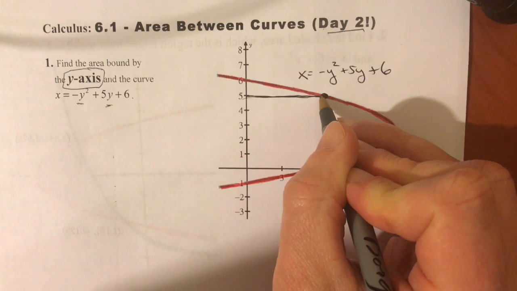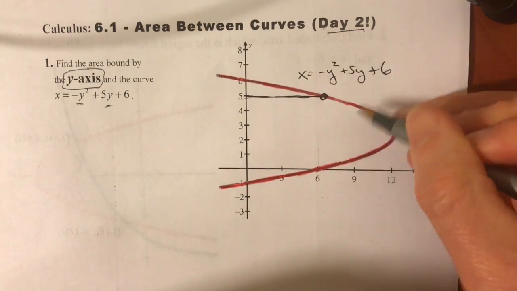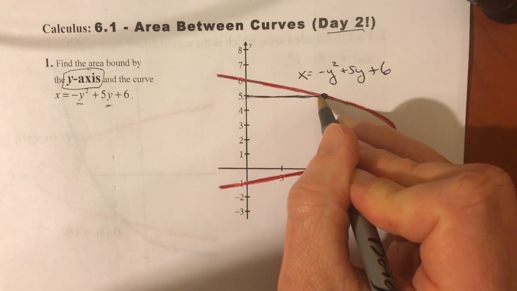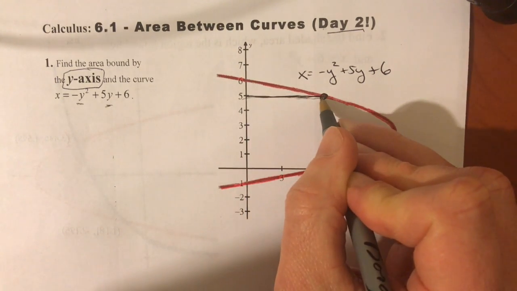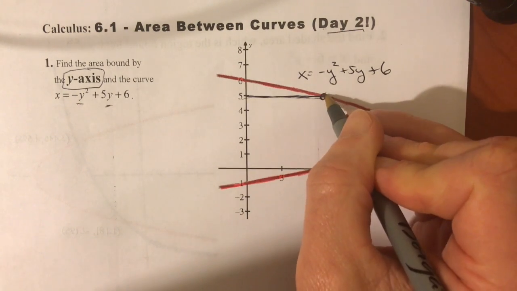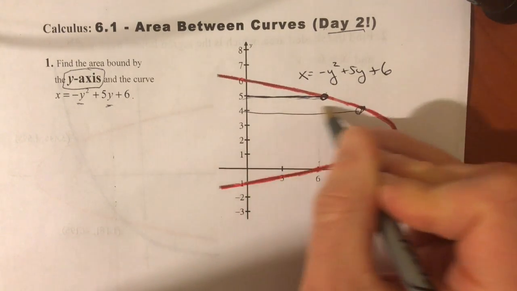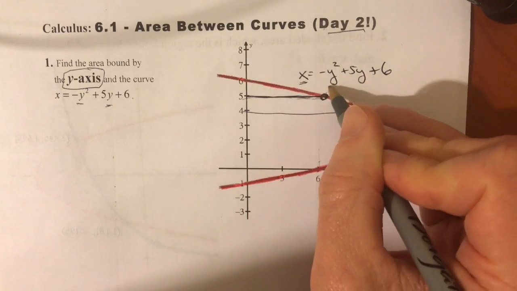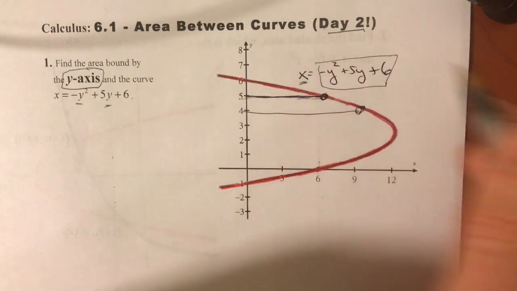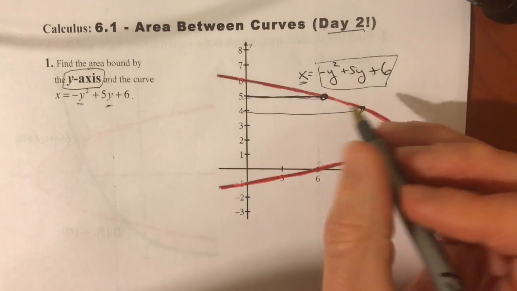The height of them was always our y value when we were going to the x-axis, but now the length of that segment is the x value at any given point. A bigger x value, a bigger segment. And the x value is always dictated by this expression in terms of y. That's why everything is flip-flopped.